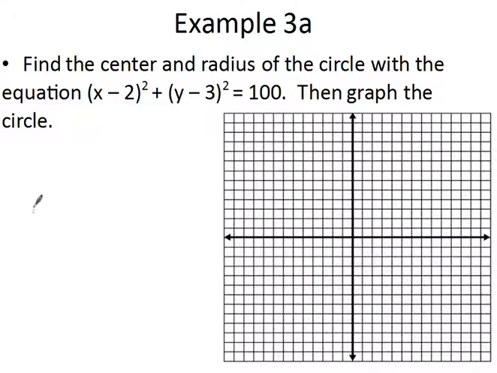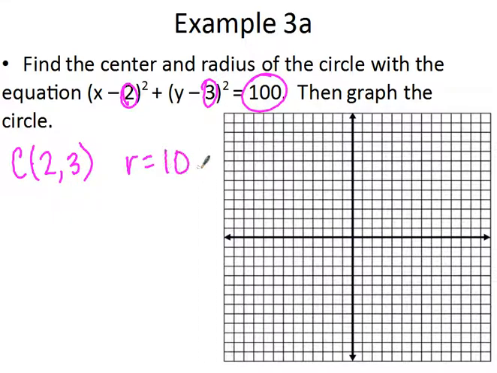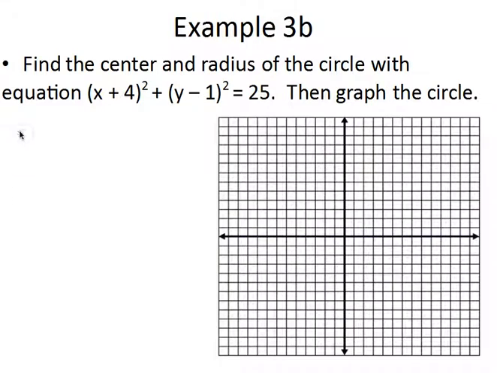Alright, same deal, right? Center h, k, so the center is 2, 3. Radius is square root of 100, so that's 10. So you go 2, 3, and then you count 10 in all directions and draw your circle, and it's going to be a fairly big circle this time. Alright, one more.